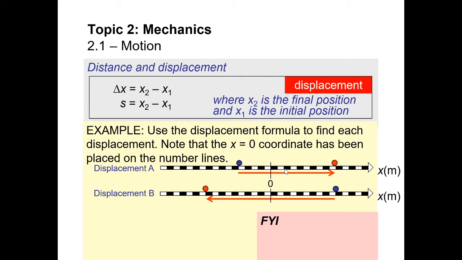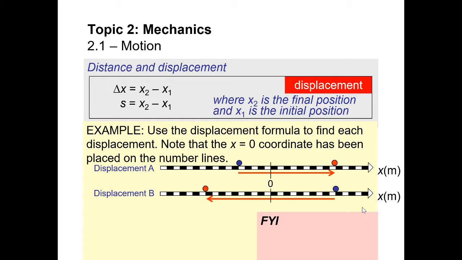So the final position is 10 meters to the right, and our initial position was 5 meters to the left, so minus 5 meters.